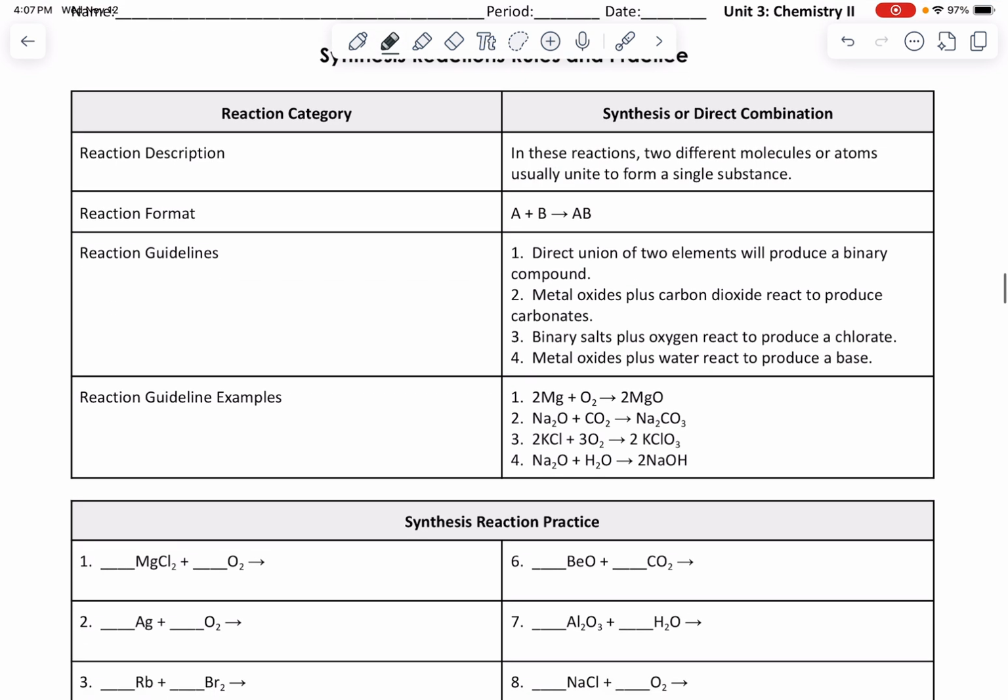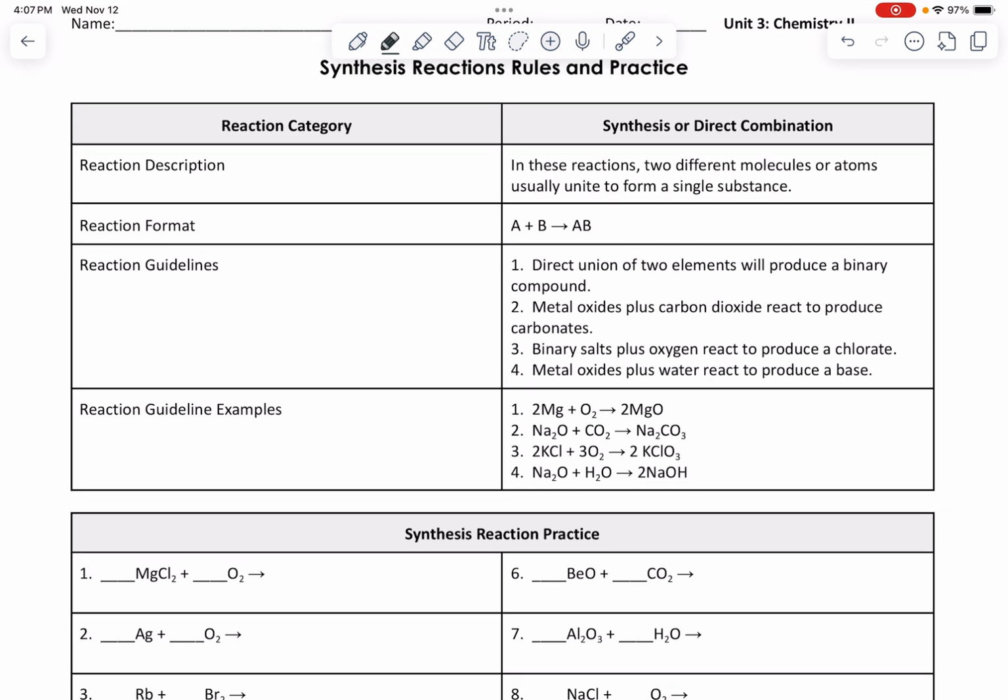So rule number 1 for synthesis says the direct union of 2 elements will produce a binary compound. This is the most simplistic rule. Essentially, we are just taking 2 elements and sticking them together on the other side of the arrow. Now, remember, just like with single replacement and double replacement reactions, the arrow or the yield sign always acts as a reset button for cross and drop.